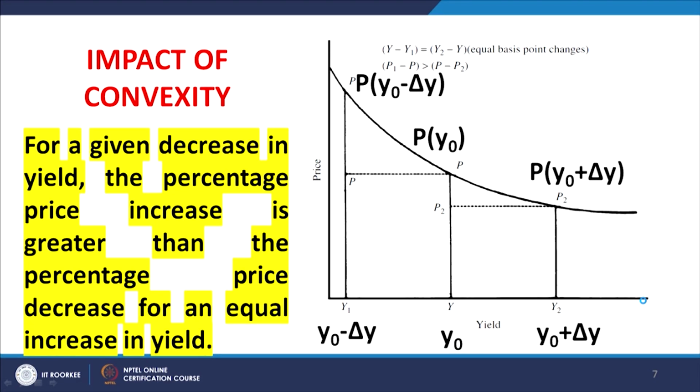This is clearly shown in this diagram. We find that P(y0 - delta y) minus P(y0), that is this particular length of the ordinate, is more than the corresponding length between P(y0) and P(y0 + delta y).